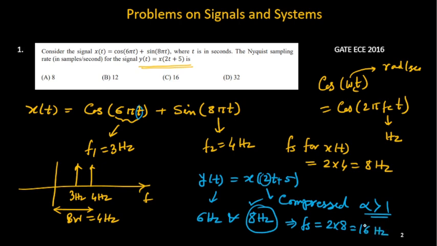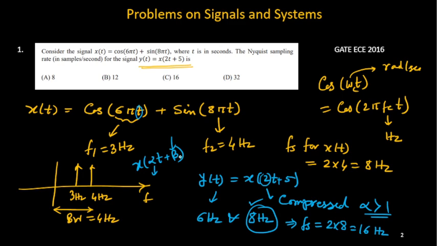So this is the key idea: whenever we have x of alpha t, or x of alpha t plus beta, this kind of thing, beta is for translation, time shifting. For that there is no change in magnitude spectrum, but alpha will give you some change in magnitude spectrum. If alpha is more than 1, it is compressed in the time domain.